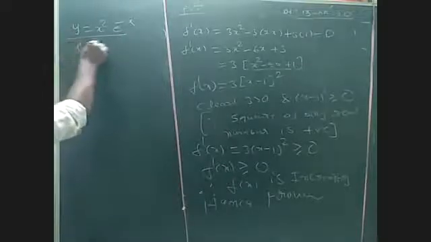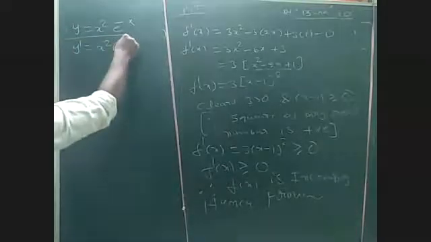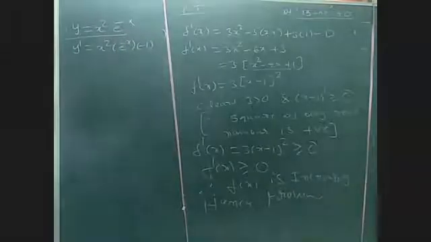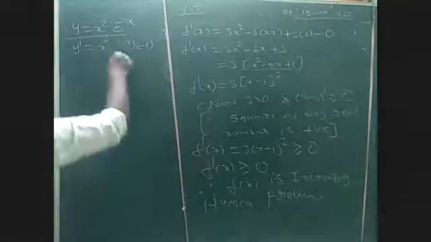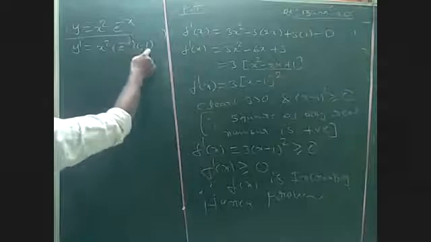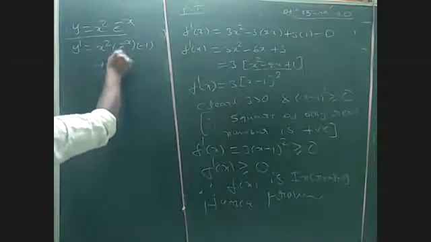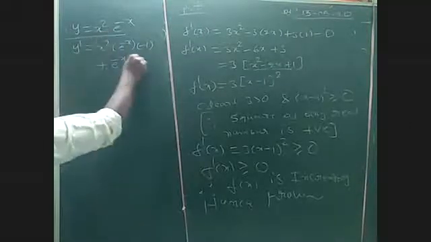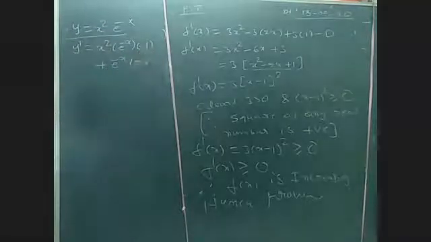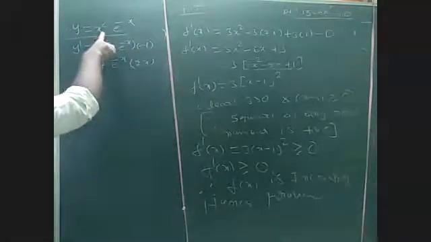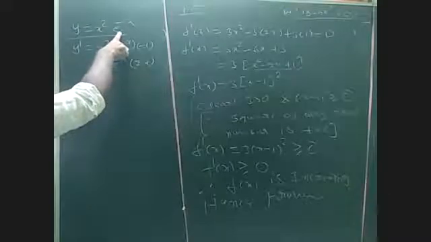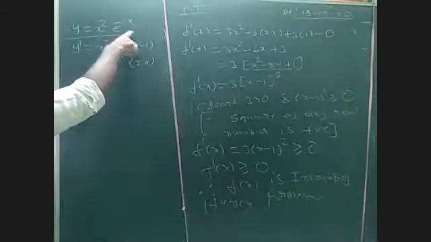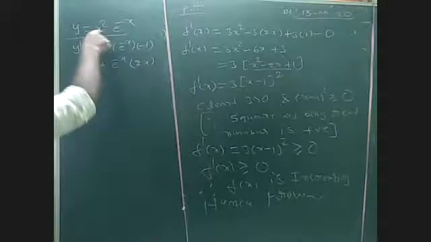Y dash: x square, e power minus x is e power minus x into minus 1, plus e power minus x as it is, now x square derivative 2x. Product rule, the uv formula: u dv by dx plus v du by dx.